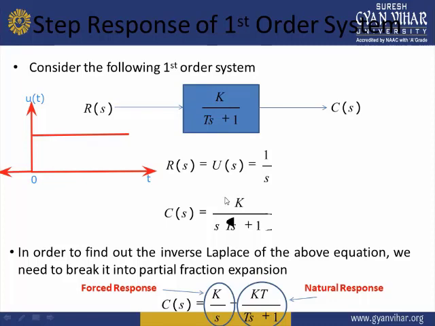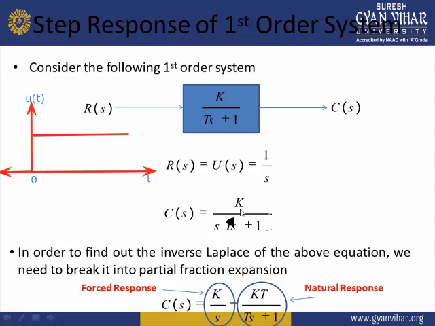Therefore C(s) is equal to K upon s(Ts plus 1). Now in order to find the inverse Laplace of the above equation, we need to break it into partial fraction expansions. Once it has been broken down, it gives two components: the forced response and the natural response.